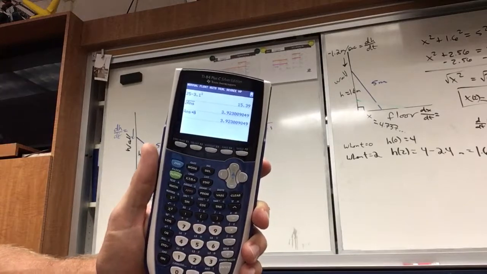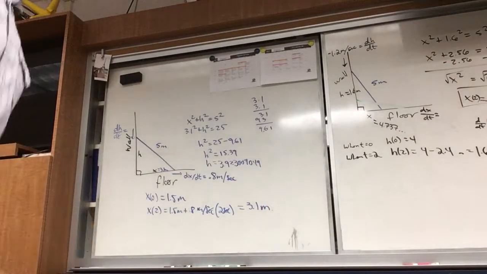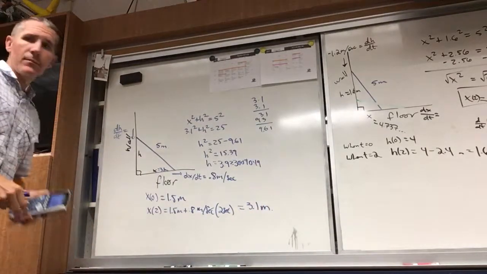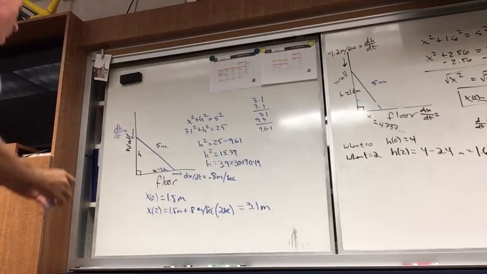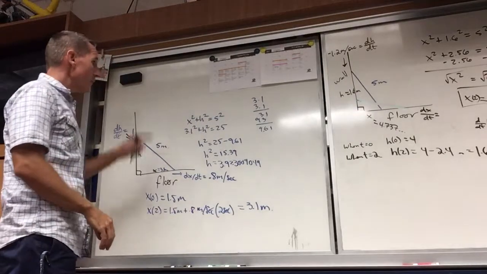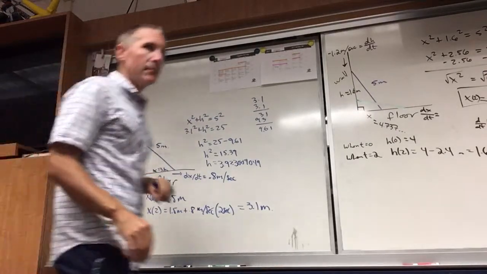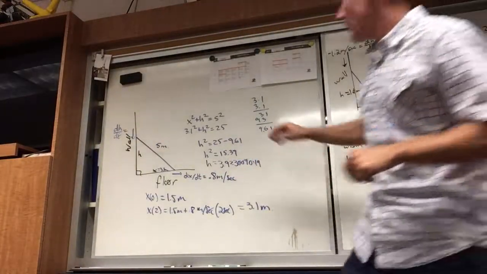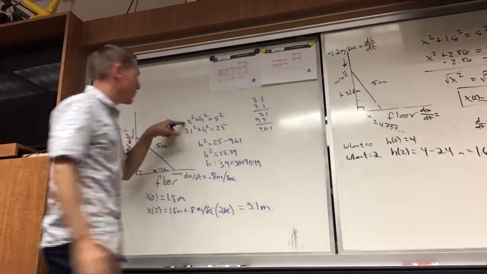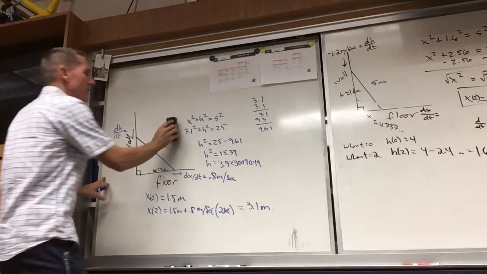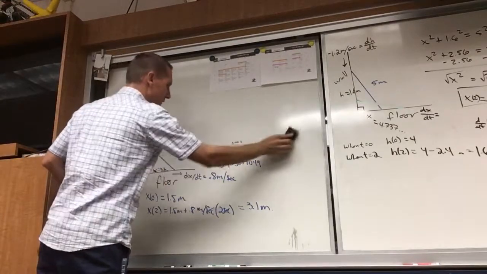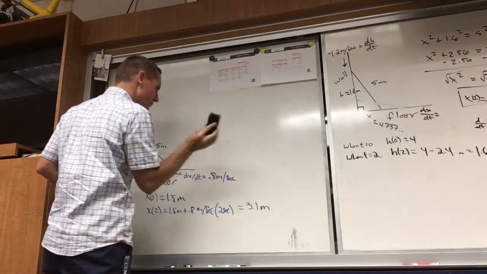Now that I have that, to find dh/dt, I'm going to relate the rates. Right now I have the variables related by x squared plus h squared equals 25, so I'm going to start with that.